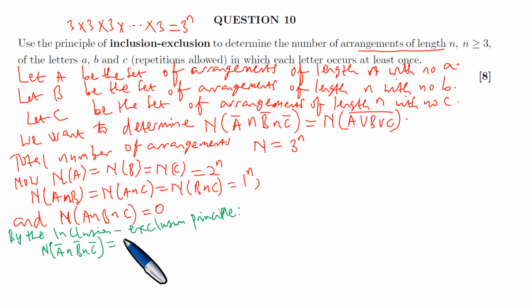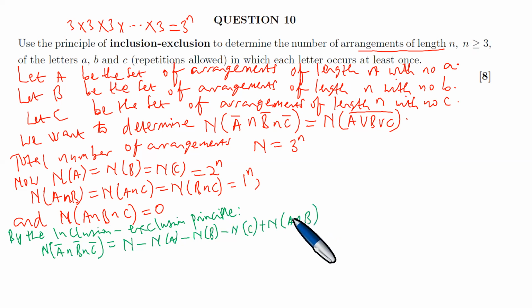So the formula is that it is n for everything, minus n(A), minus n(B), minus n(C), plus n(A∩B), plus n(A∩C), plus n(B∩C), minus n(A∩B∩C).